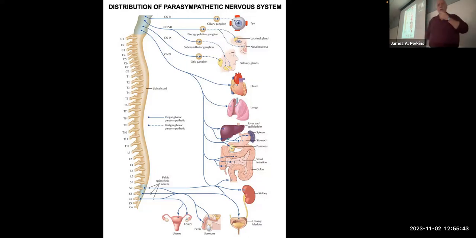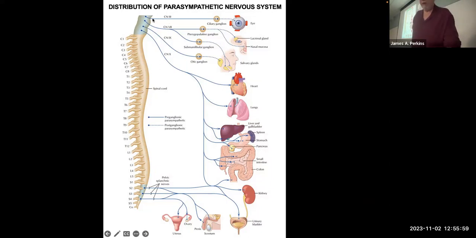There are cell bodies of preganglionic parasympathetic neurons in these 4 cranial nerves, as well as these 3 sacral nerves, S2, 3, and 4.